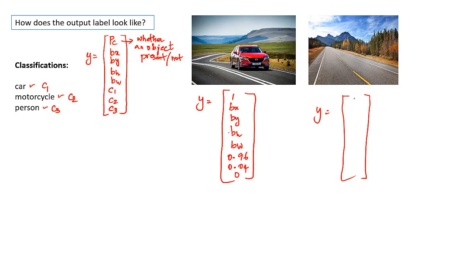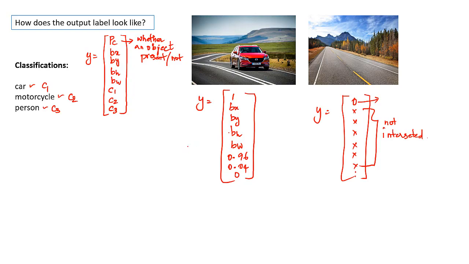Here the PC value will be 0, and when the PC value is 0, we really do not care about the other values. Whatever those values are, we are not interested in them, because the image doesn't have the object we are looking for.